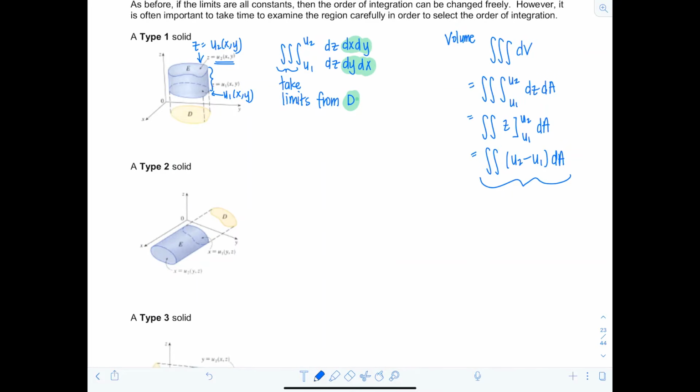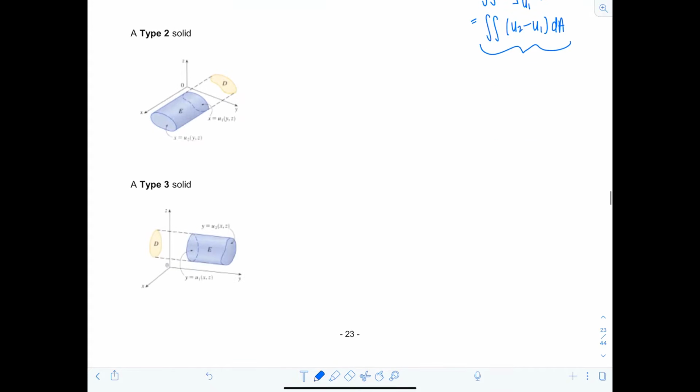Okay, now let's look at the other solids. We're not going to do such a rigorous setup. We'll just talk about which one you would anti-differentiate with respect to first. So if you have a type 2 solid, notice D, the base this time, is in the YZ plane. So what would you integrate with respect to first? You would integrate with respect to X first.